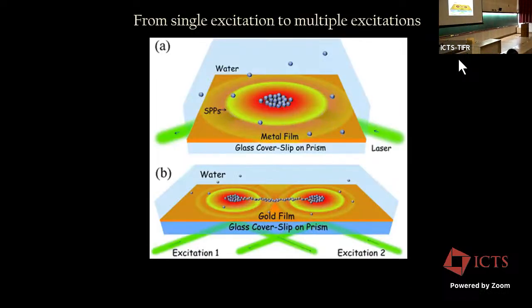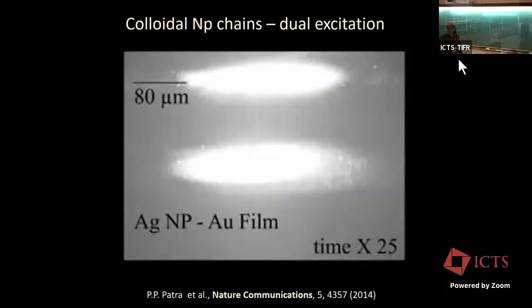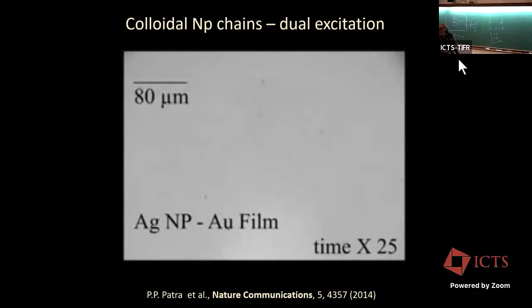Now, you can play around. Instead of introducing one particular interface, you can now have two specific illuminations. And this generates some very interesting situations. For example, you will now be able to aggregate particles at one regime and another regime.